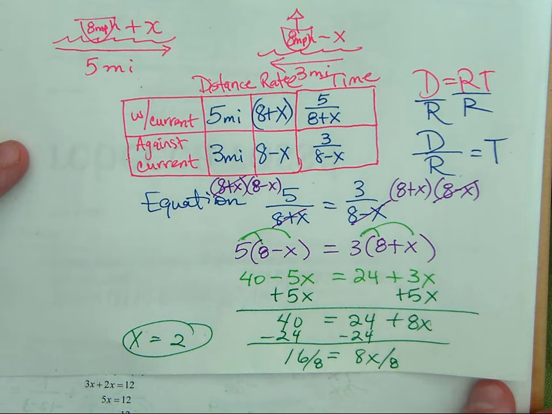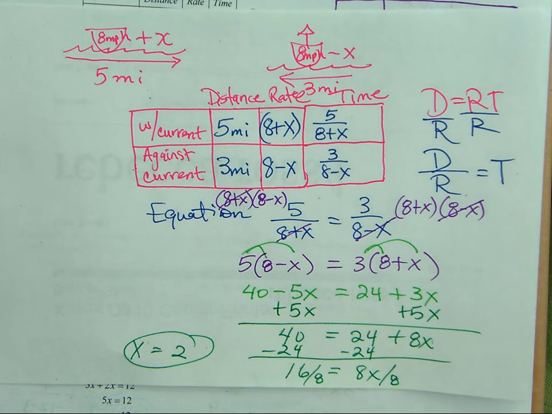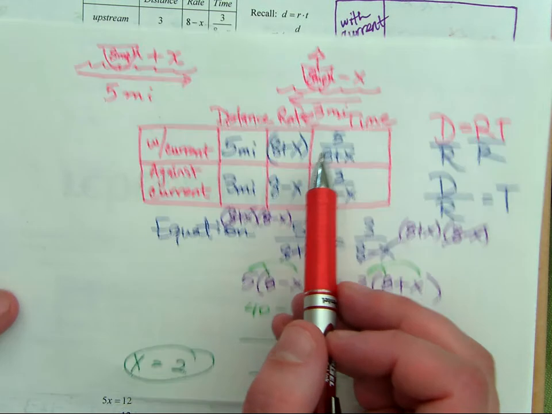So x equals 2 is my answer, and then that means that if I want to answer the question using a sentence, what's the answer to the question? The question was 2 hours. Is that right? Is that the time?